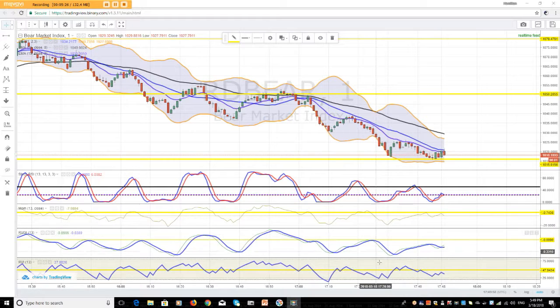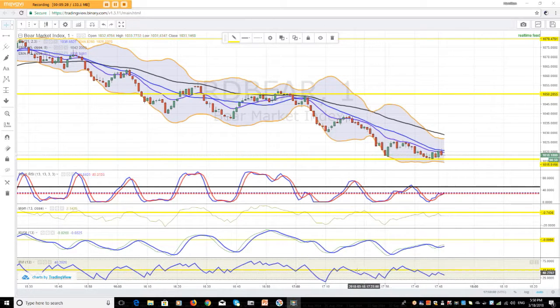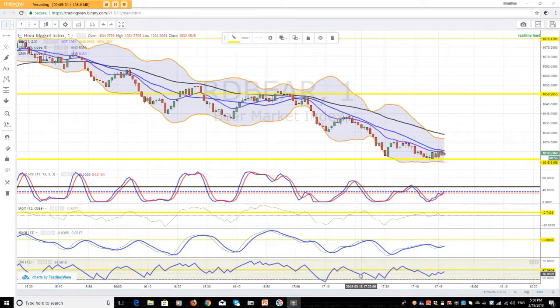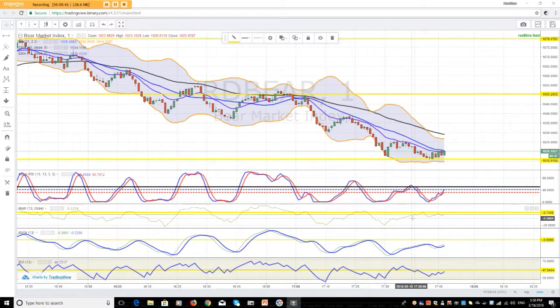Look at this point here, it's also below for the relative volatility index. Now, once all of these are aligned, then I take the trade, just as I took this trade here when they were all aligned. They've got to be aligned before I can take the trade. So that's all I'm doing, and that's the reason why that trade was a winner.